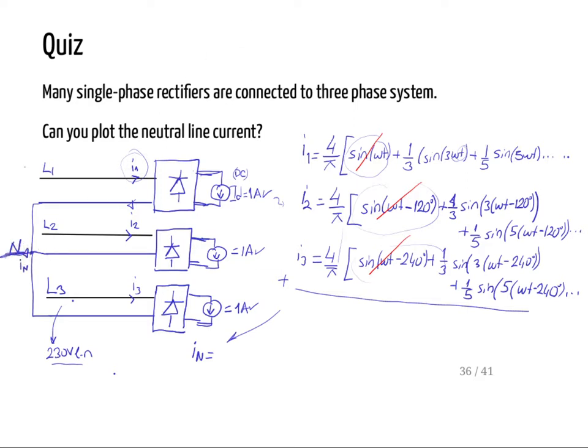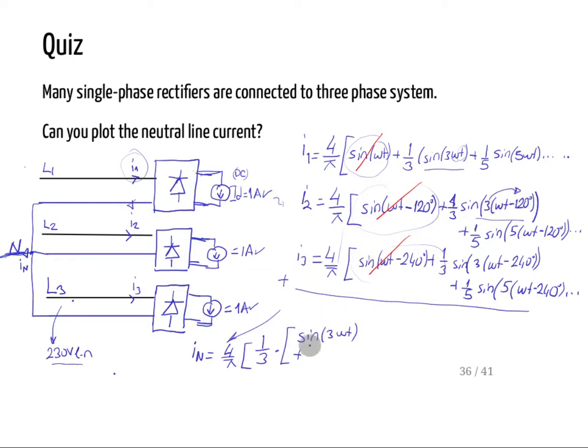So let's see how it works with the third component. The third component is quite strange. So we have 4 over pi, and we will have all the 1 over 3's as well. Let's write in the long form: we have sine 3 omega t, plus sine 3 omega t, where this 3 is multiplied with that one, coming from the Fourier series as well.